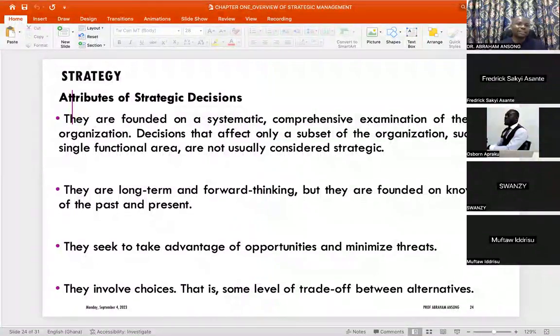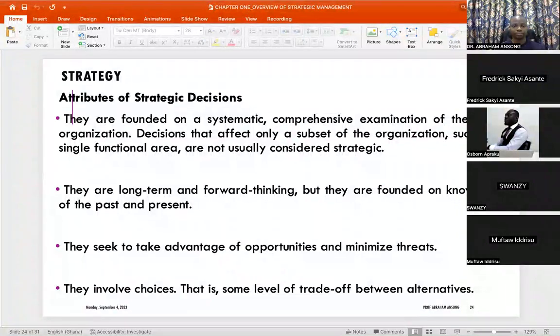So it is not just marketing, it is not just about finance, it is not just about production or operations, but in strategy, all of these functional areas or departments must work together in order to achieve a particular objective. Okay, so strategic decisions tend to involve a comprehensive examination of the entire organization, not just an aspect or subset of it.